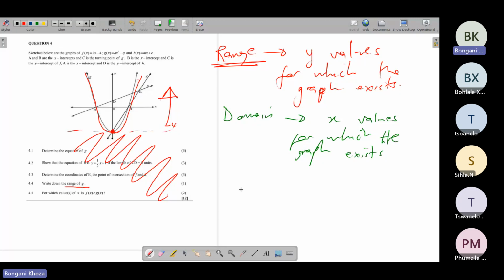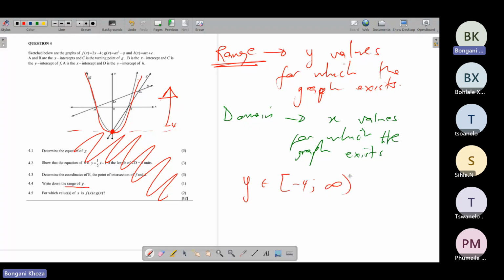So you will say your range is Y, such that Y is an element, there's an E that we write just to say element, Y is an element of, so it starts from -4 up to positive infinity. We don't know where it ends. So it starts from -4, and -4 is included because it's part of the turning point. From -4 up to positive infinity, like that.